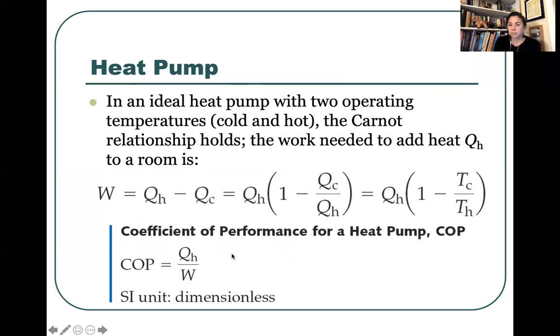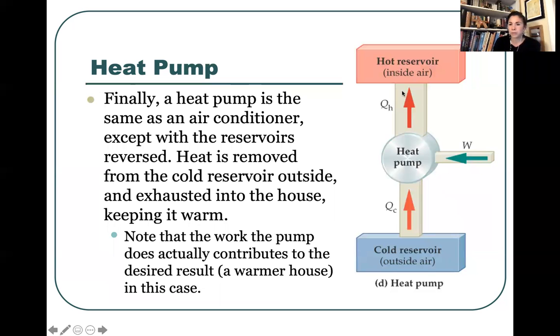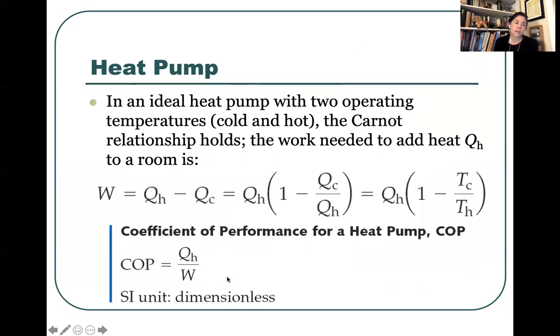And your coefficient of performance in this case is given by the ratio of the heat that is going into the hot reservoir, all right, so that's what we want to maximize, divided by the amount of work that's done to be able to perform that. So just keep in mind that if you look at this, we use the same elements. A lot of the time we just switch arrows and we label things a little bit differently based on what is the element that's supposed to receive heat or lose the heat.